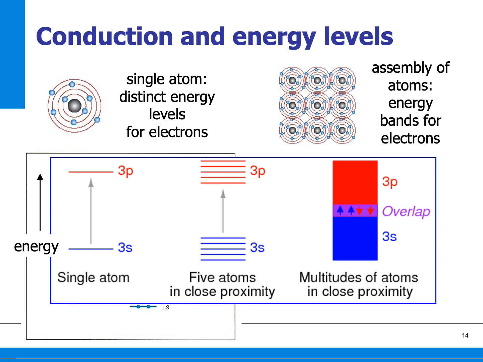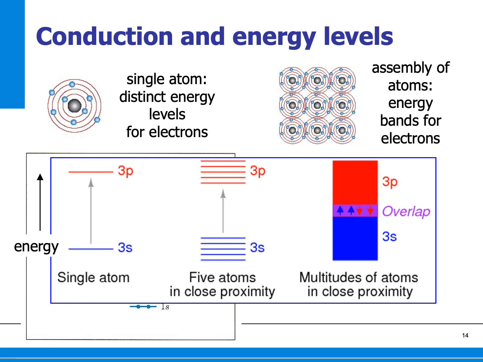This is the example where you have 5 atoms in close proximity of each other, and you see that the 3s energy levels are split up in 5 levels that are very close to each other, and the same happens for the 3p energy level. And you can imagine that if you have many of these atoms close to each other, like you have in a real material, there are even more energy levels than those 5.